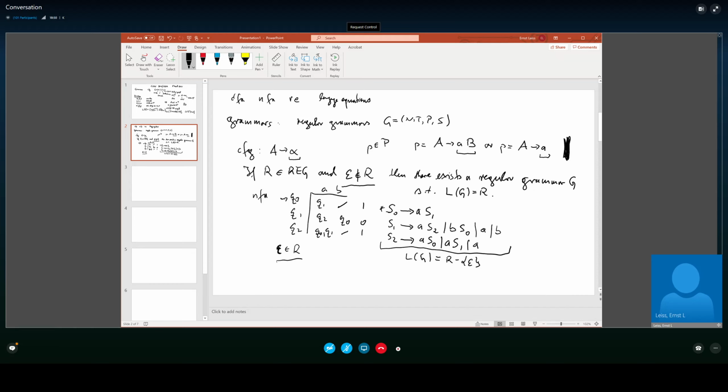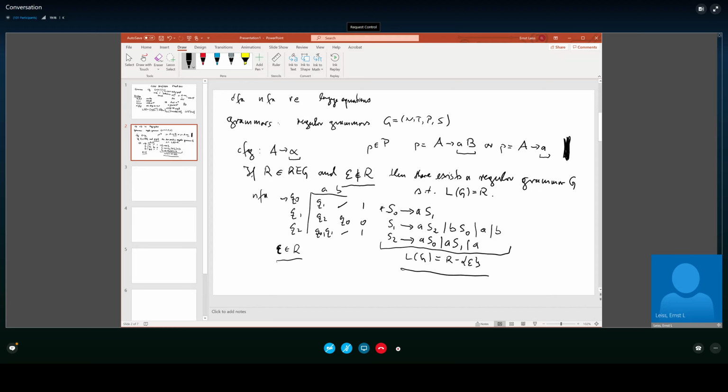Everything else we can generate. So this shows that if we have a regular language and epsilon is not in the regular language, or else we just take it out, which is what we have done here, then there exists a regular grammar that generates that language.